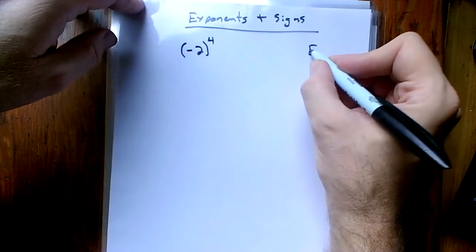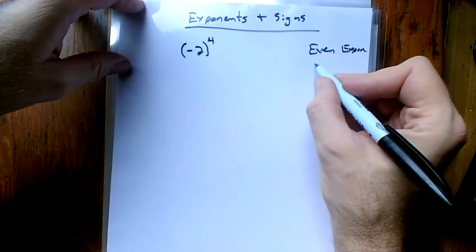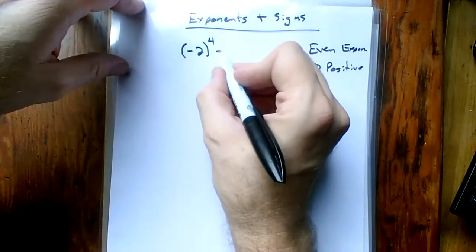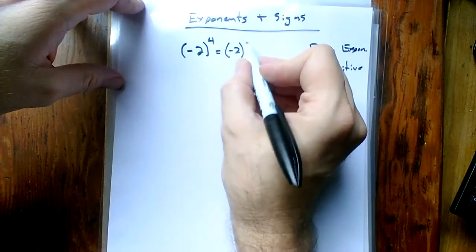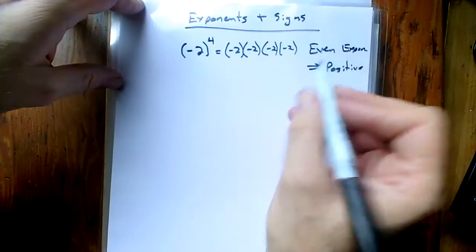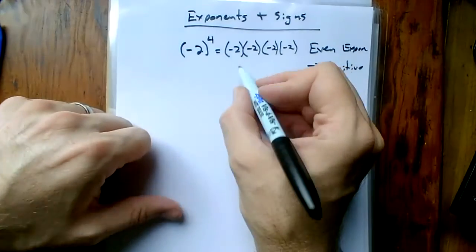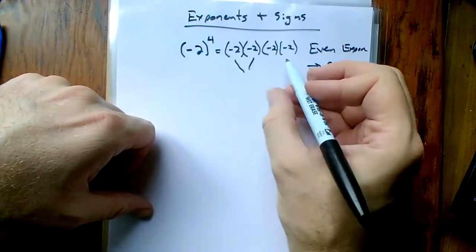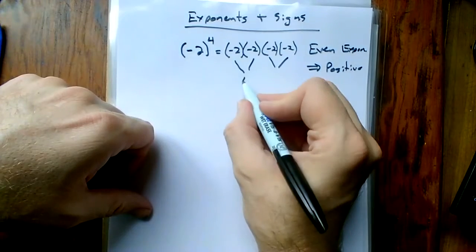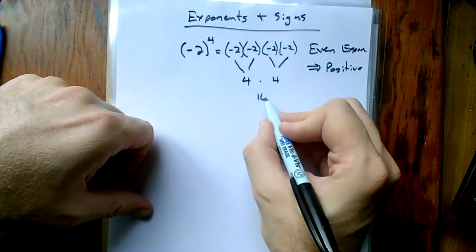If I have an even exponent, then my result is going to be positive. This means I'd have negative 2 times negative 2 times negative 2 times negative 2. Negative times negative is positive, so I will always have pairs of negative numbers that cancel out. Negative 2 times negative 2 would be a positive 4, and negative 2 times negative 2 would be another positive 4. So this whole thing would be a positive 16.